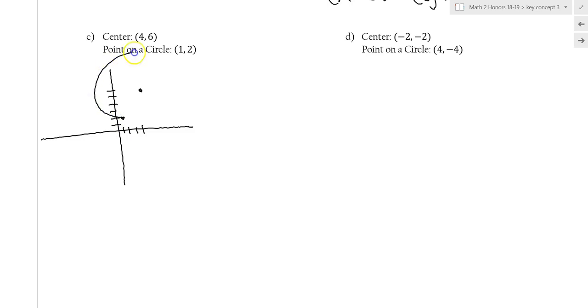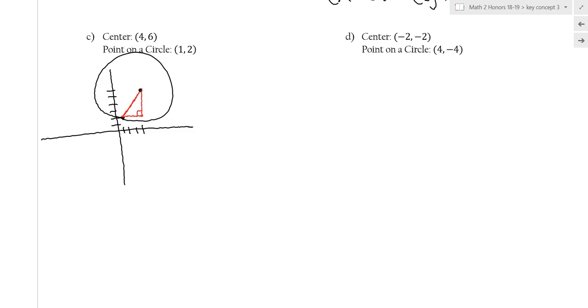So I have some circle around that center, like that. I need to find this radius. The easiest way to do this is to draw a right triangle.